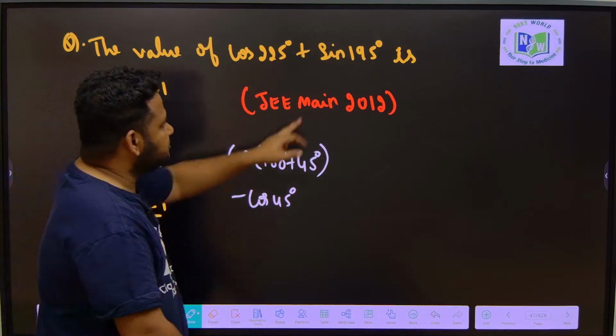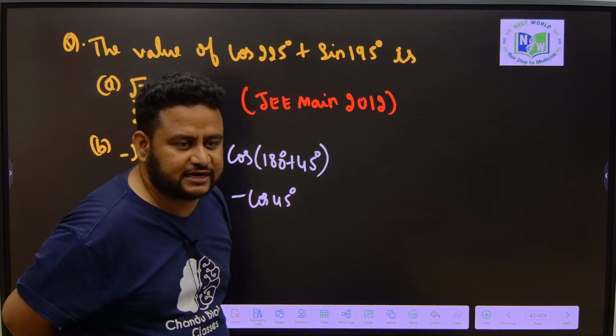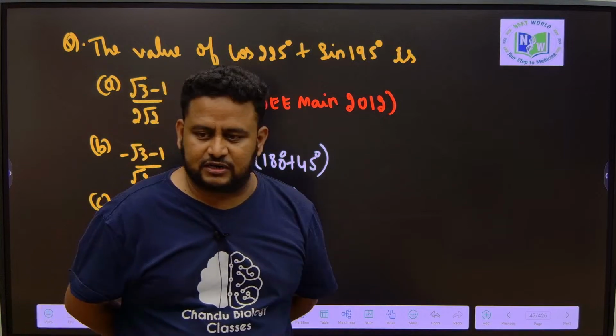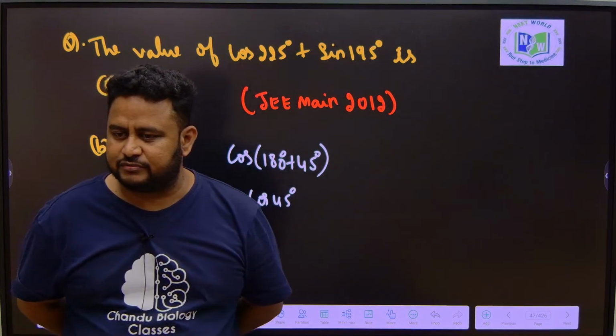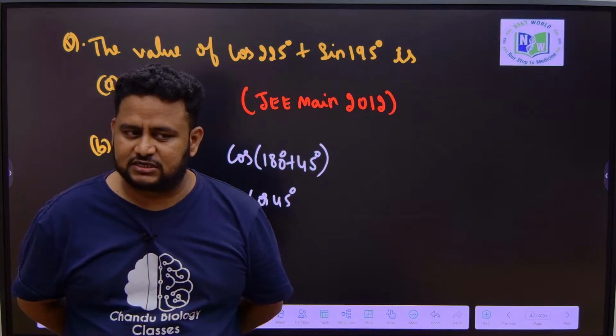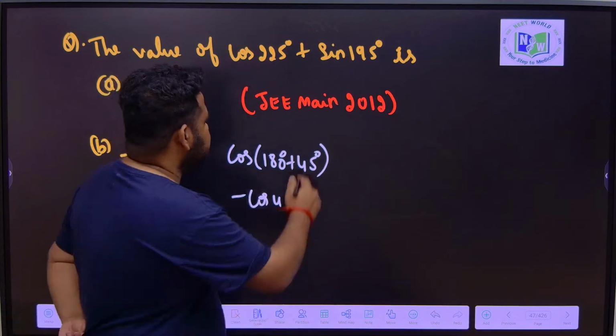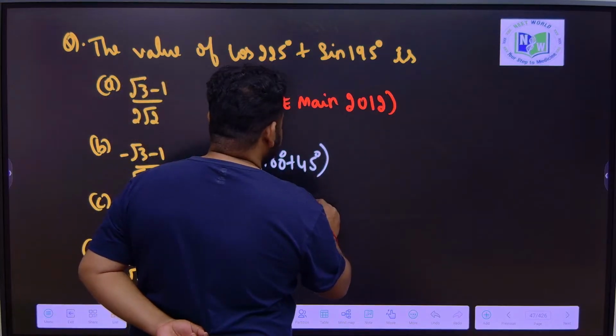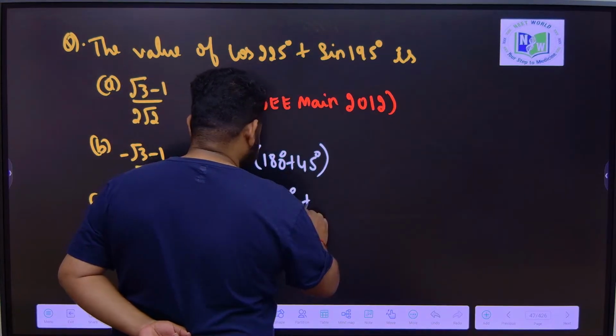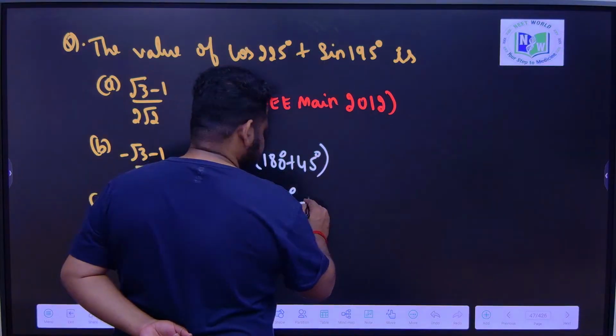Okay. Now, sin 195. 195 is in which quadrant? Third quadrant. In the third quadrant, sine is positive or negative? Sine is negative because 180 is exceeded. So, 195 is negative. So, I will first write minus. Okay.